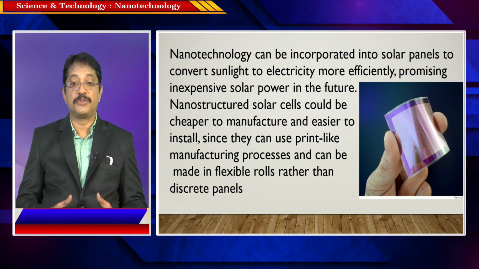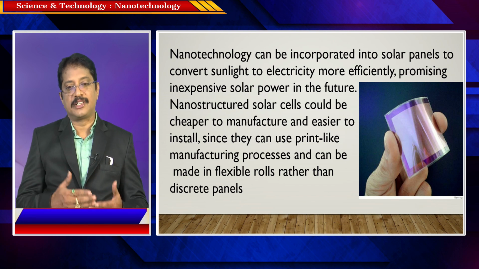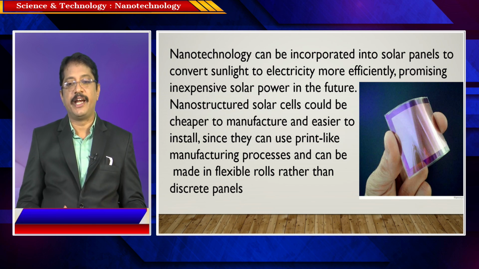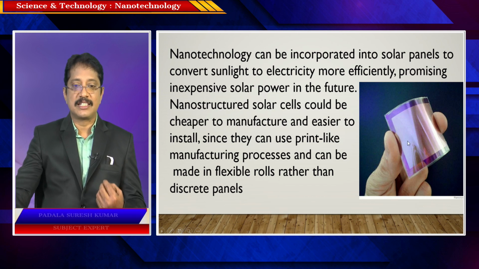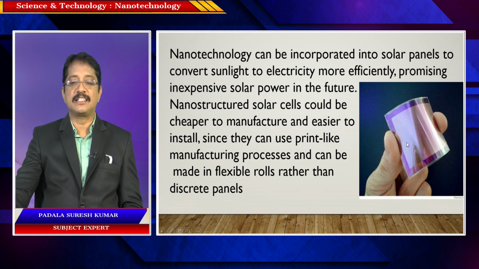Previously we were using very big solar panels. Now after introducing this nanotechnology, there is no need. What you are seeing as a solar panel will now simply be a film. This kind of film will extract the solar energy and convert the sunlight into electricity. This is a very good application.